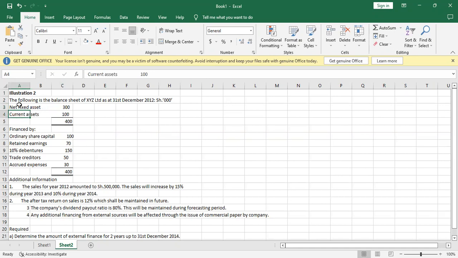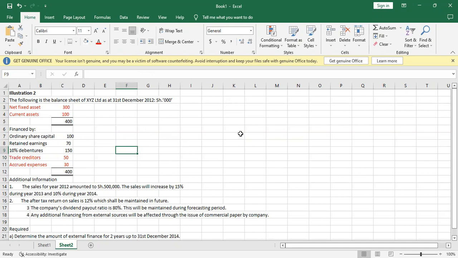Let me color them. Ordinary share capital, no. Retained earnings, no. Debentures, no. So I have the liabilities again down here. Let me color them. So those are the four items that are related to sales.